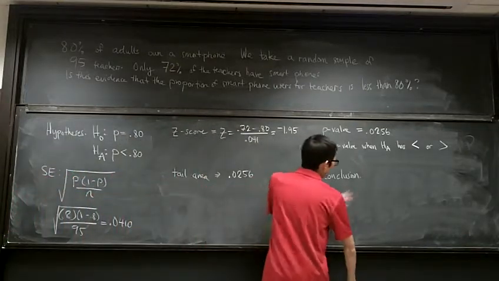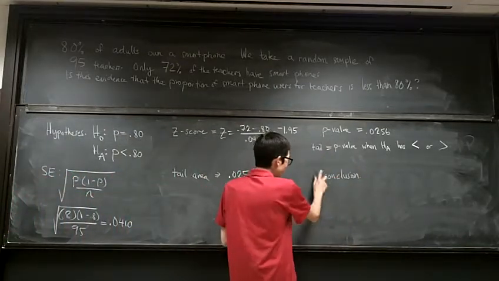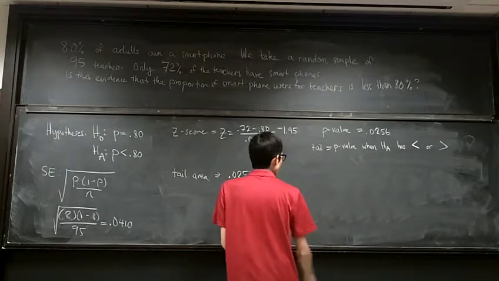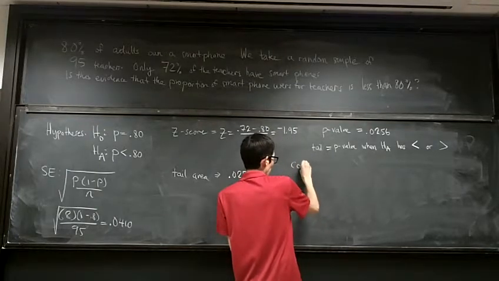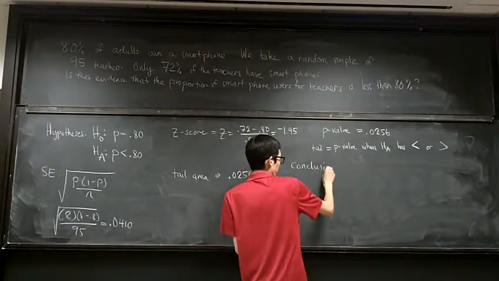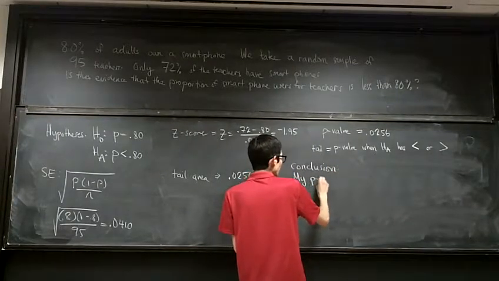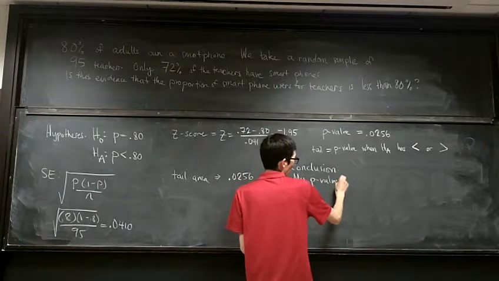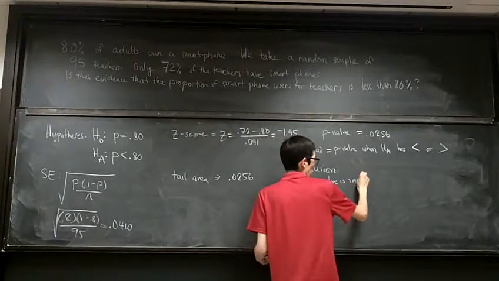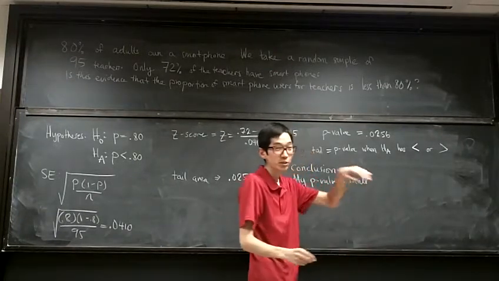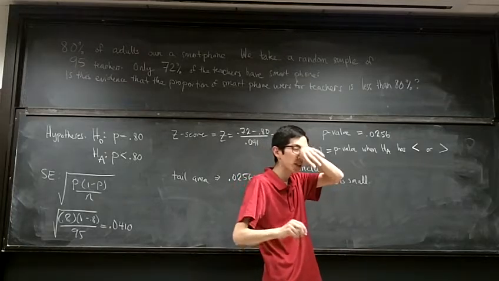I'm going to write the short conclusion first. So this is my conclusion. My p-value is small. My p-value is only 2.5%.